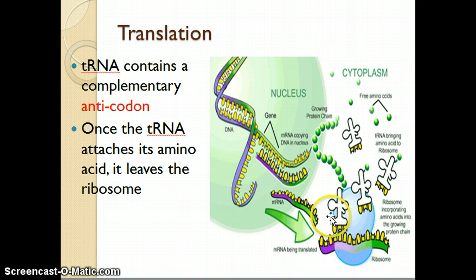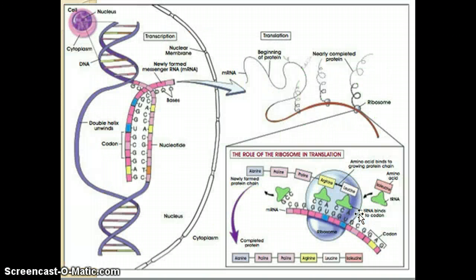The ribosome then recruits appropriate tRNAs to bind their anticodons to the codons found on the mRNA. As the tRNA binds to the mRNA, it attaches its amino acid to the polypeptide chain. And this continues until the stop codon is reached. This picture of the whole process is good to help you explain how a protein is made.